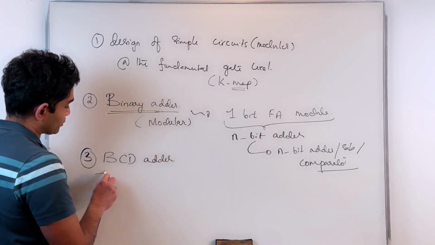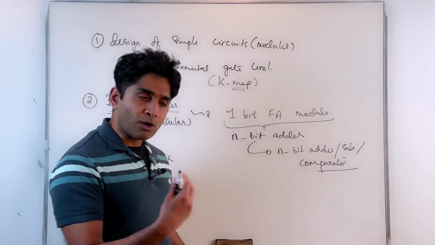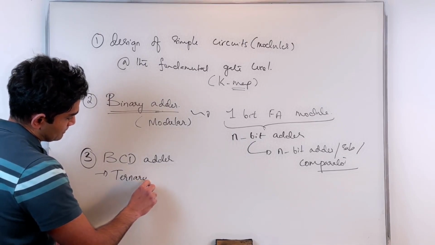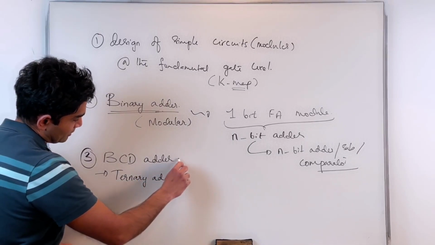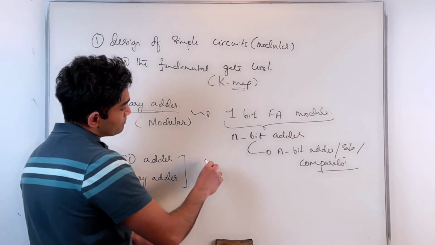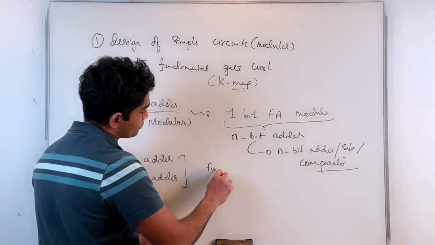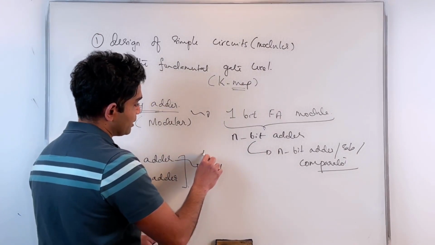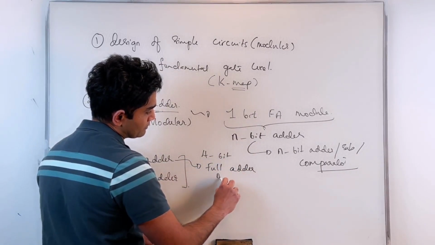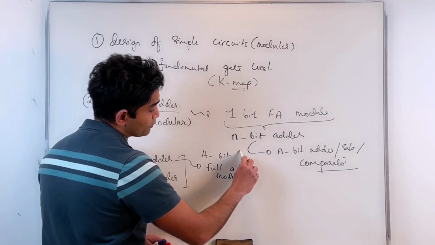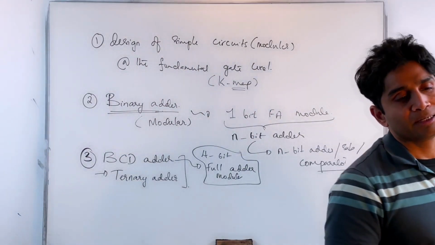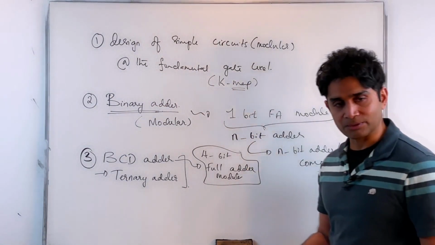And this is exactly the approach I suggested that you follow for the design of your ternary adder. In this case, we designed the BCD adder by using pre-made 4-bit full adder modules. These are modules that you can buy as a slice, as an IC, as an integrated circuit, and utilize in your design, right?